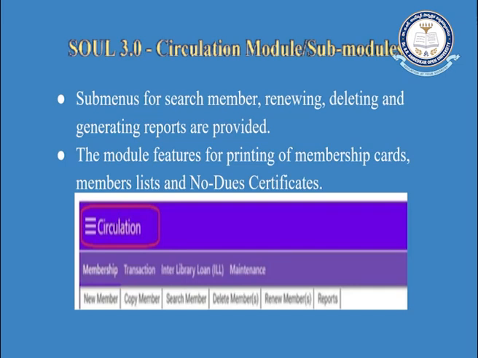Once they are set up, the circulation operations will be carried out automatically at the client devices. Under membership, we can search for a member, and if he is a new member, he can be entered.